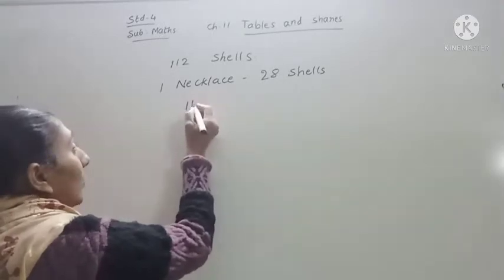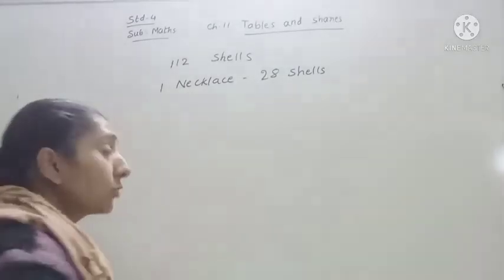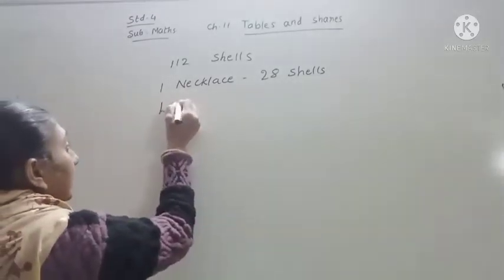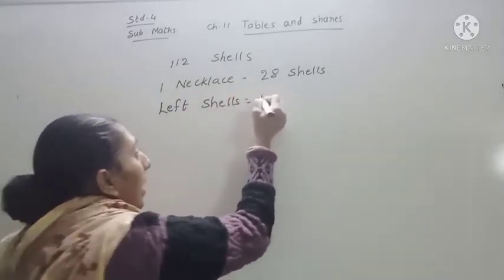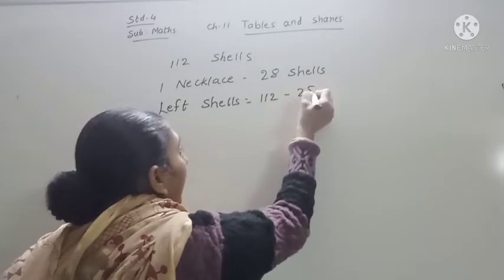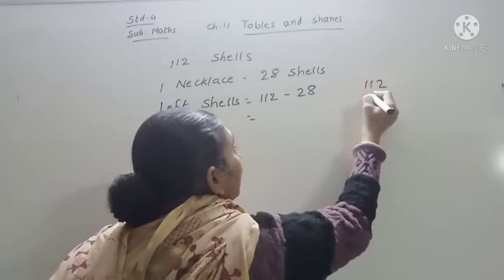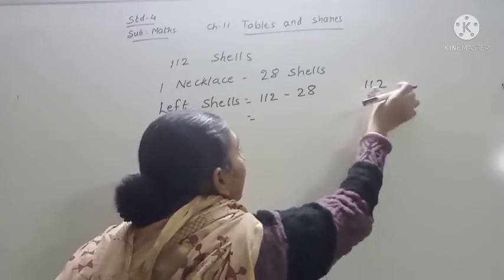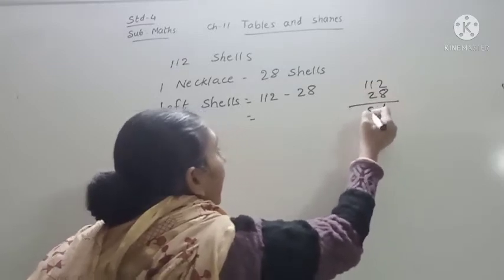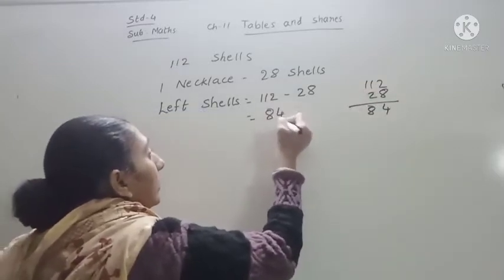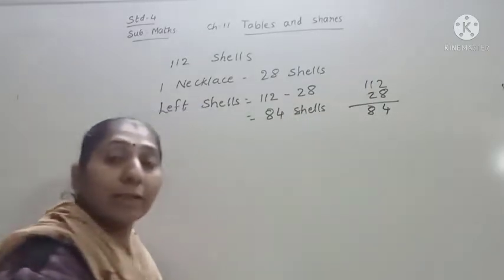So the left shells is equal to 112 minus 28 is equal to 84. 84 shells are left with him.